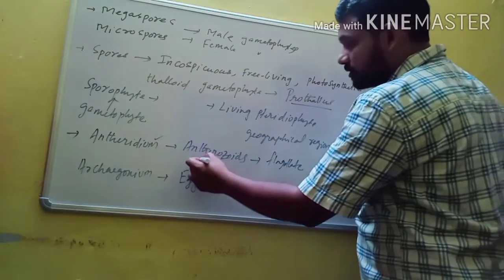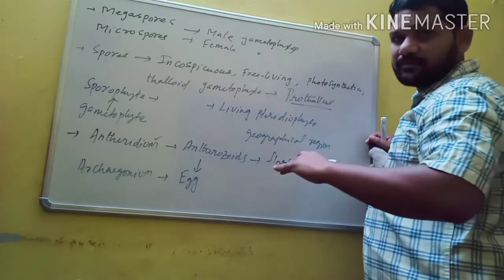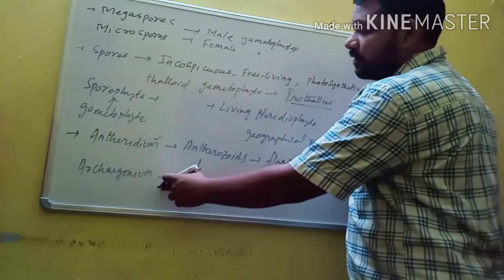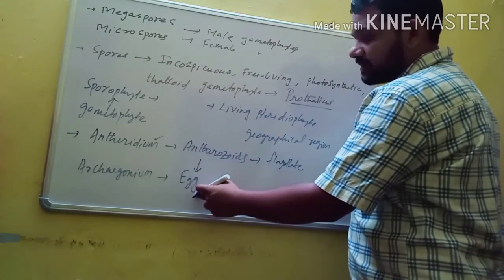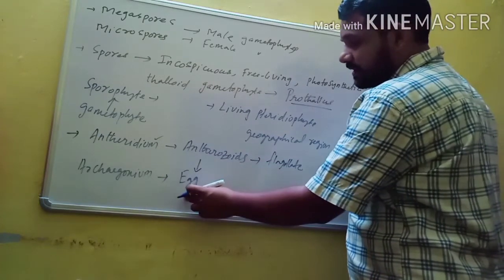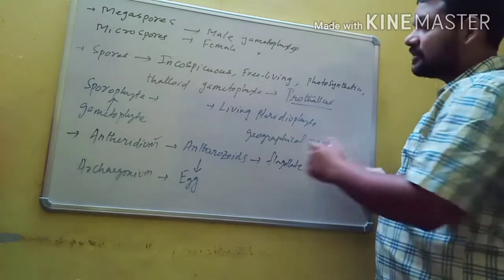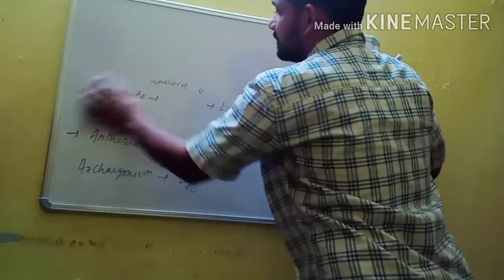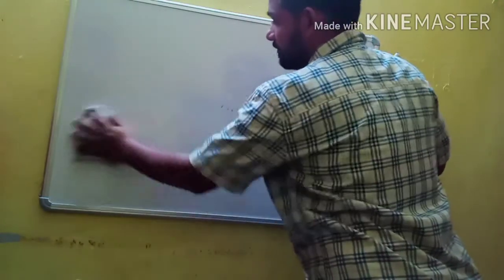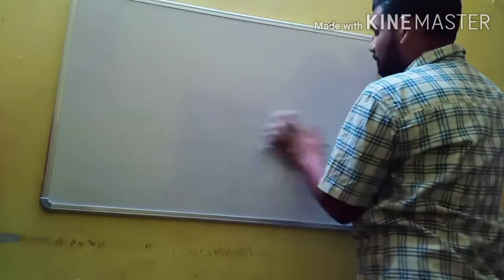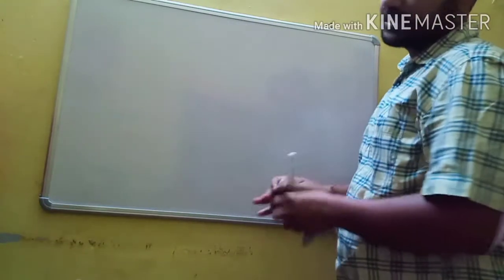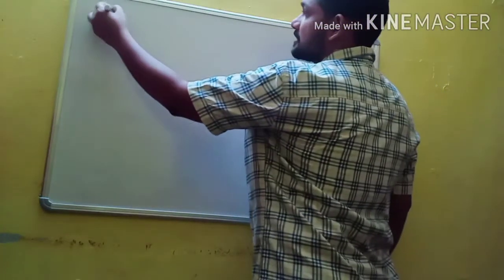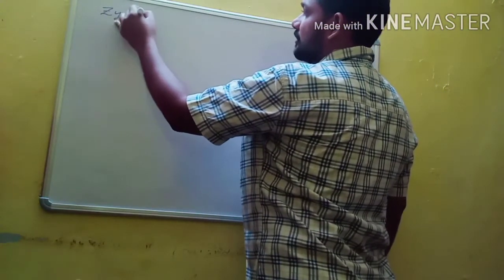With the help of external water, the antherozoids swim into the archegonium, enter the egg cell and fuse with it. The fusion of gametes results in the formation of zygote.